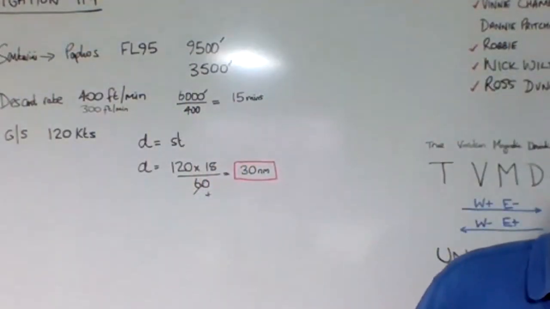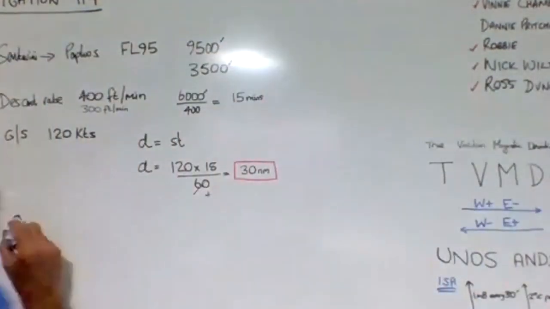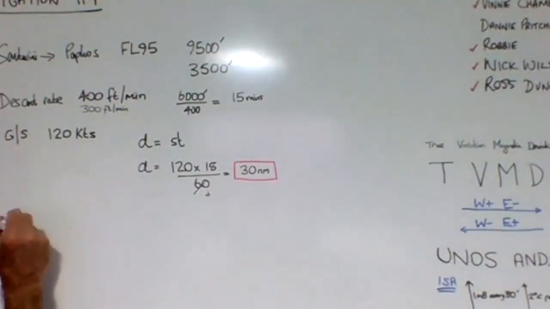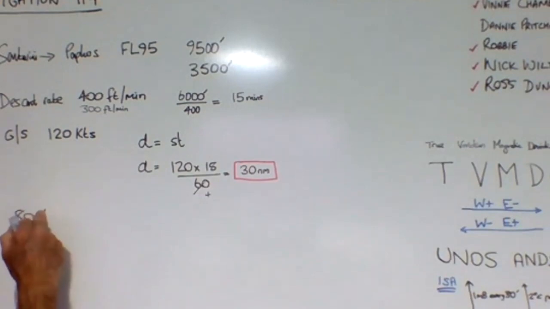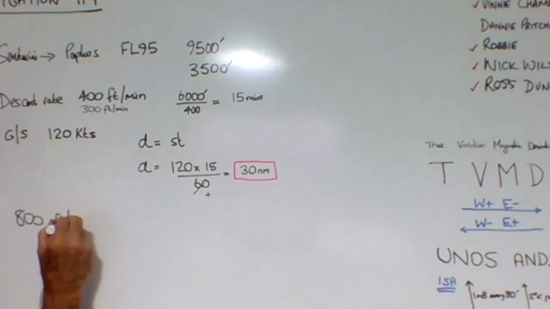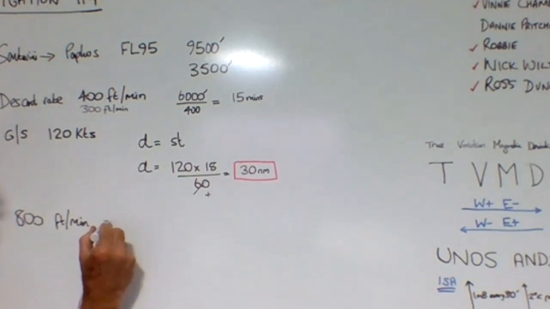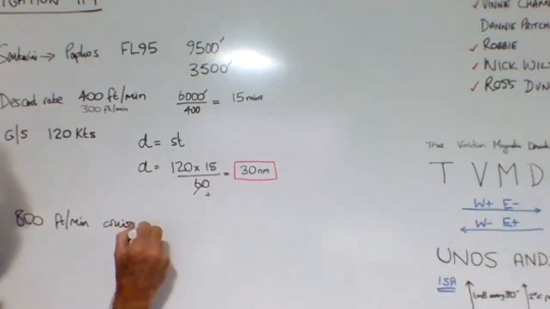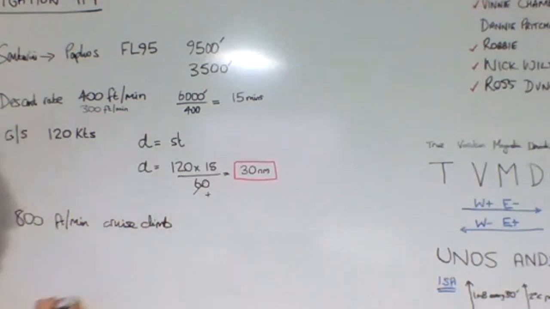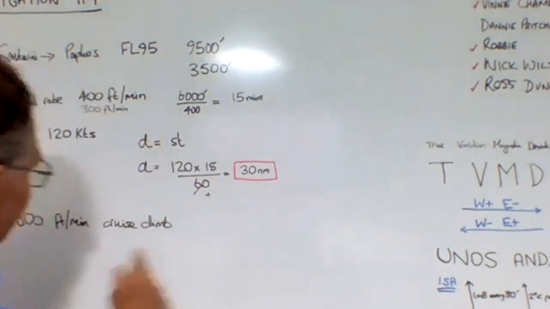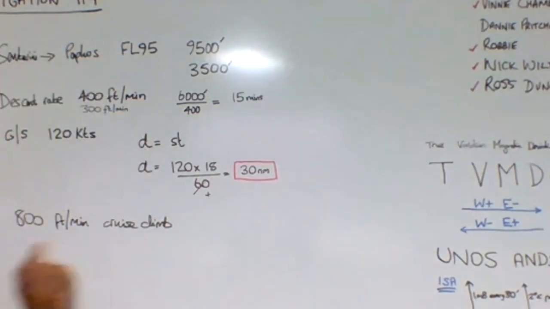In other words, if your plane climbed, if you worked on a climb rate of say 800 feet a minute, as a cruise climb, you could do the mathematics.